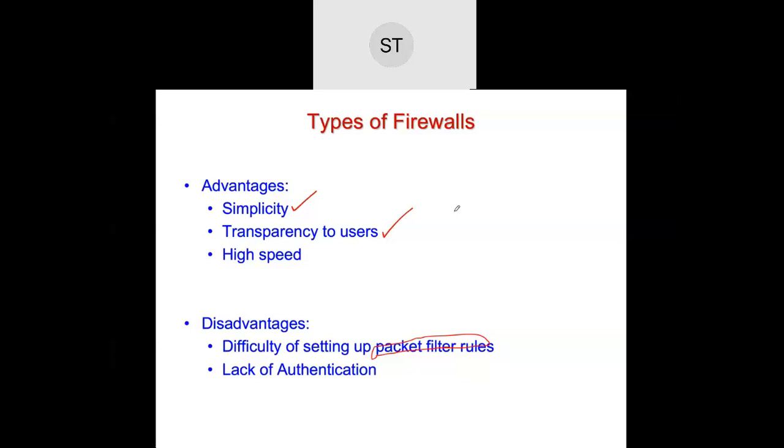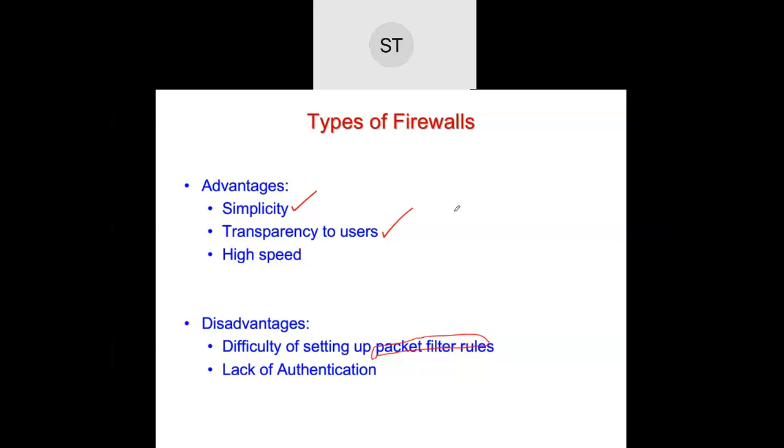If I open unnecessary sites which are not authorized or authentic, they can also get opened. So deciding the rules is very difficult. And there is no authentication mechanism. As a simple router is implemented, there is no authentication mechanism. Who the user accessing this particular part is, is not known at all. That's why I need something different there for authentication.